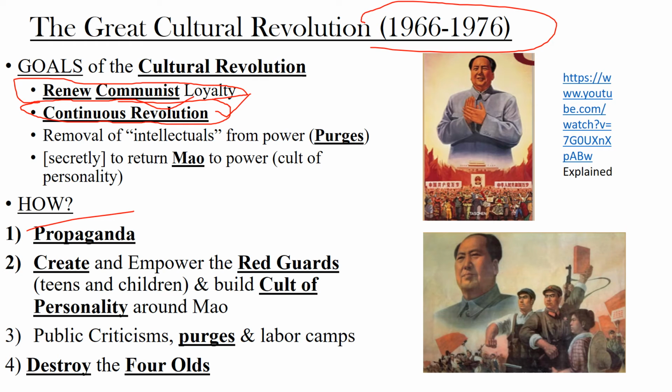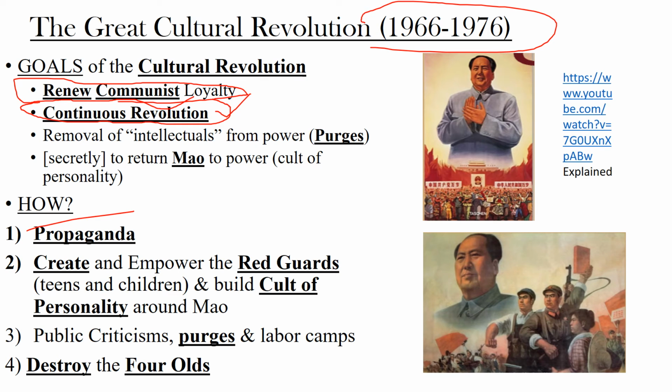That only in renewing the revolutionary fervor and spirit, in a continuous cycle of revolution, breakdown, and revolution again, will China be able to experience true communism?